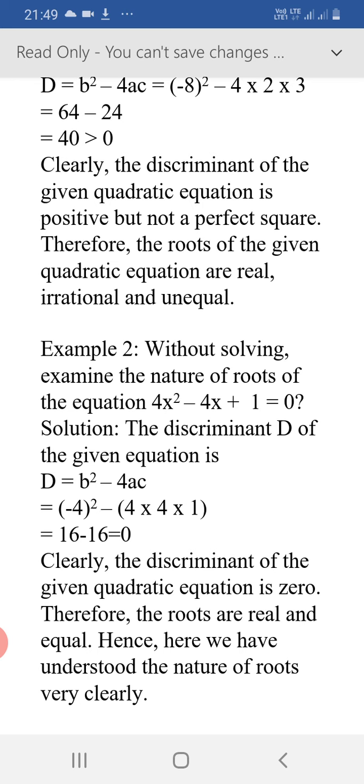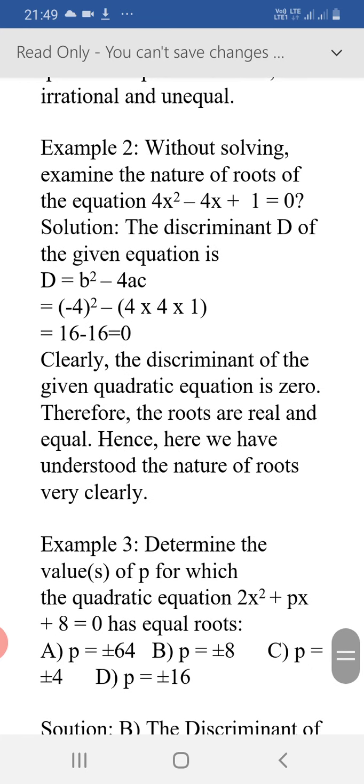The discriminant D of the given equation is D is equal to b square minus 4ac, which is equal to minus 4 whole square minus 4 into 4 into 1, and this is equal to 0. Clearly the discriminant of the given quadratic equation is 0. Therefore the roots are real and equal. Hence we have understood the nature of the roots very clearly.